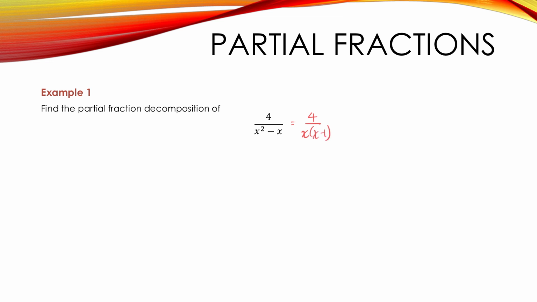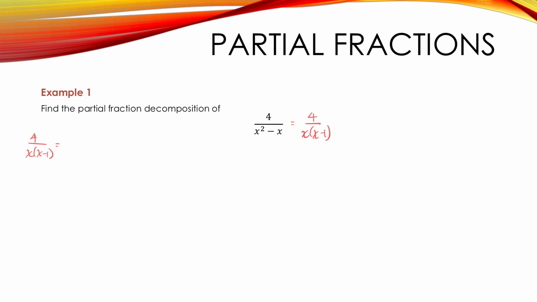Once we have it in factored form, we now know that our two different possible factors for our denominator would be x or x minus 1. What I'd like to do is put those two factors together to equal our 4 over x times x minus 1.